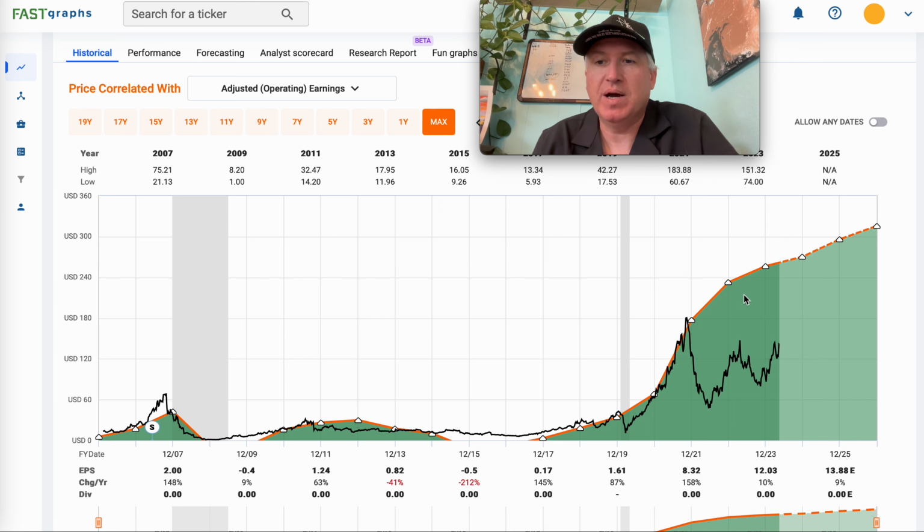But now we have this new uptrend going, but it's just really hard to know when this turns around or not. So this would be in my too hard category for sure.